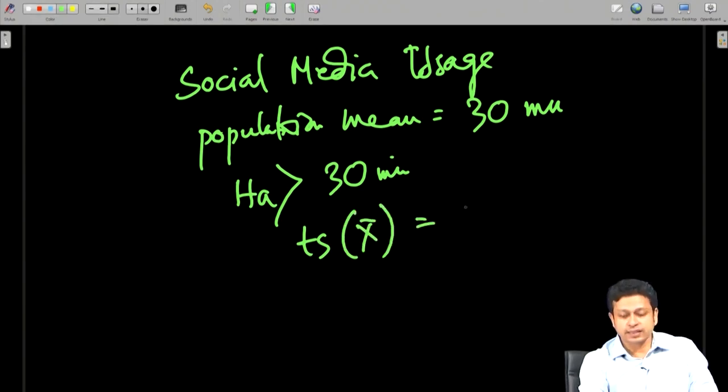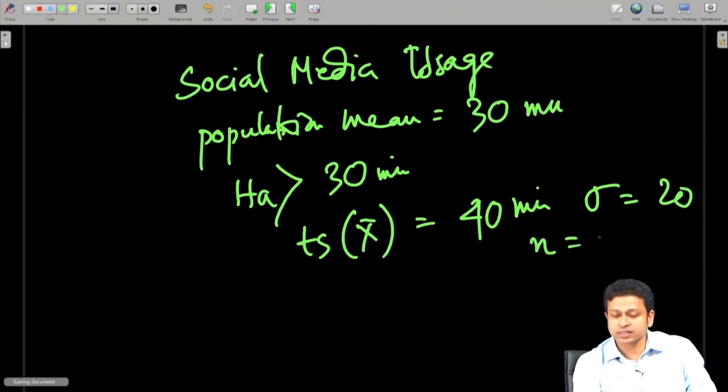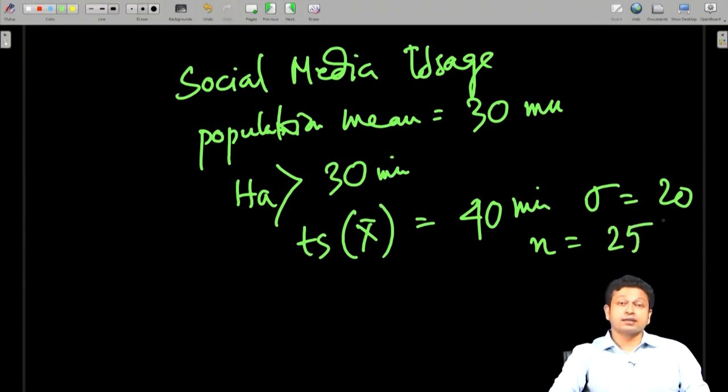For IIT Kharagpur, it is 40 minutes, okay. And let us say we are given sigma is 20 and my number of observations is 25. So, I have taken data from 25 individuals and found that the average is 40 minutes.